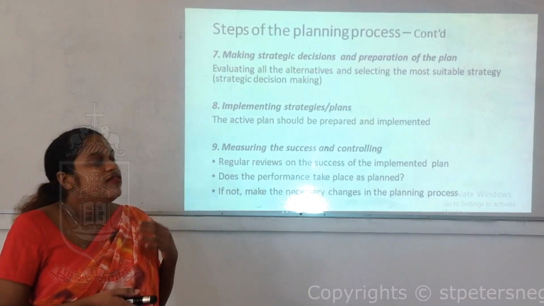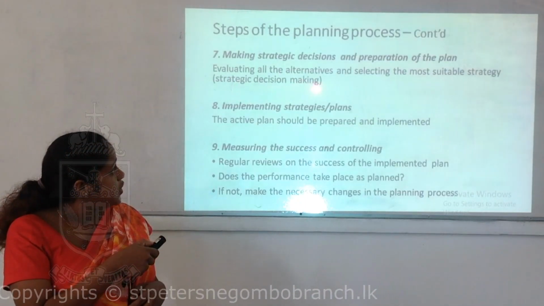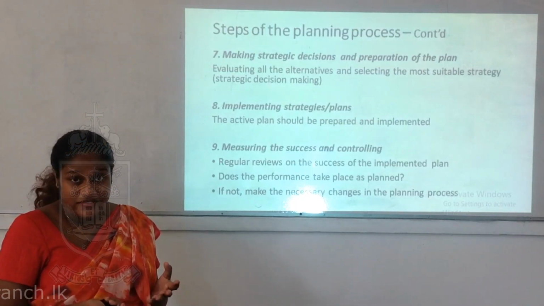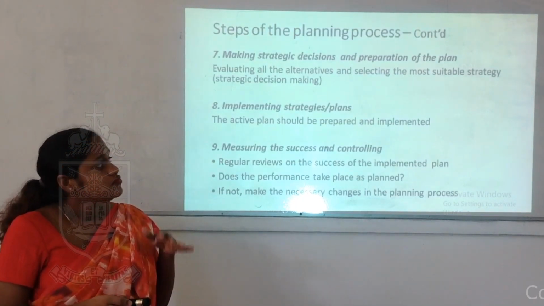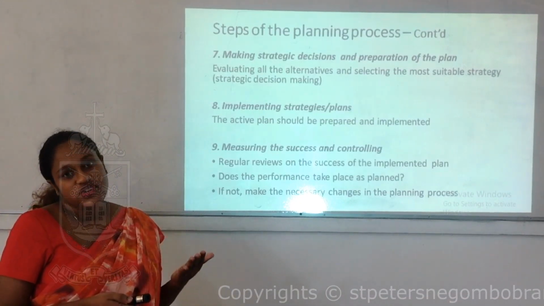That is simply what we are doing here, so we call it strategic decision making. We evaluate all the alternatives available to us, and then we select the most suitable strategy that would help us reach our ultimate goal.